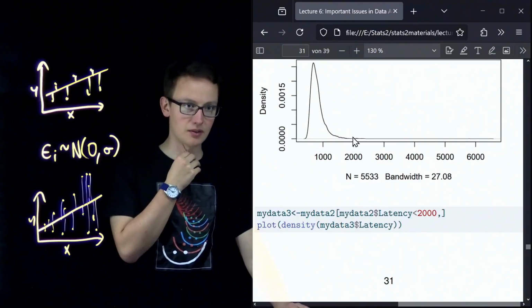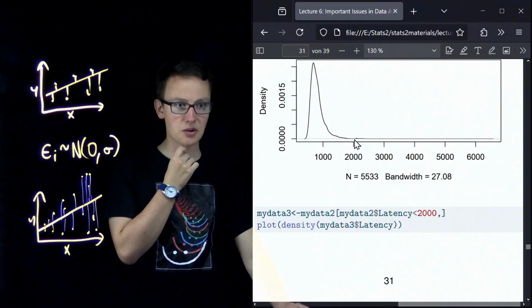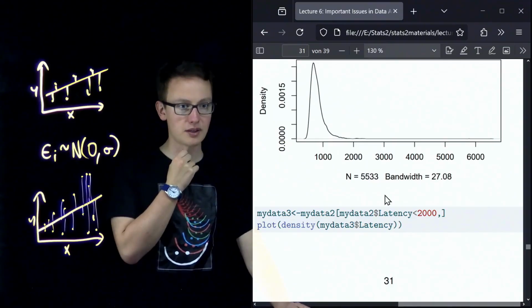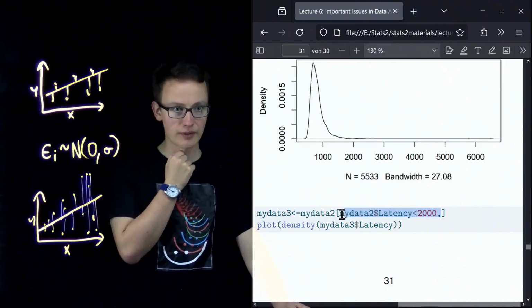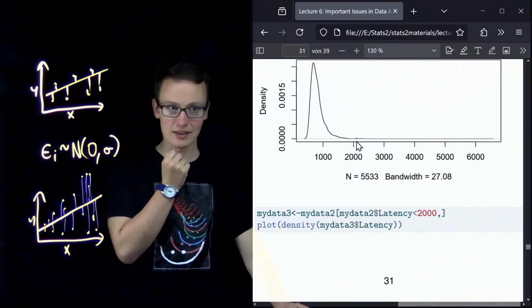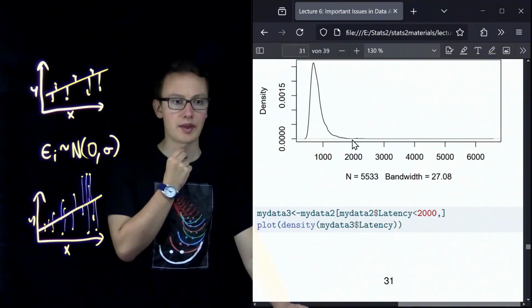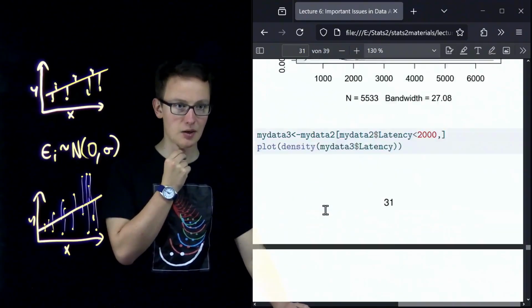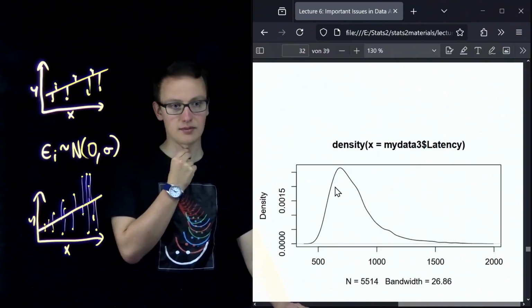It happens that these two data points had latencies of above 2000. So if we set a strict cutoff of latency having to be less than 2000 milliseconds, then we can create this subset and plot the dependent variable again.